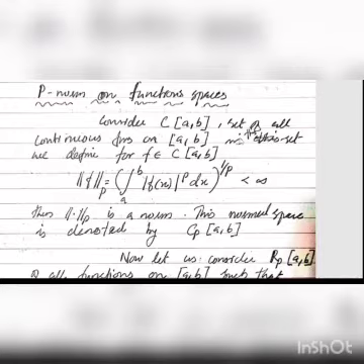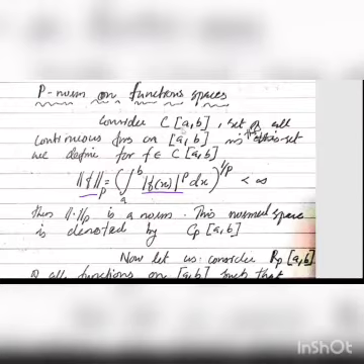In this set, we define a norm: the p-norm of f is the integral from a to b of mod of f of x raised to p dx. Since f of x is a real or complex valued function defined on the closed interval AB, we can use the mod.